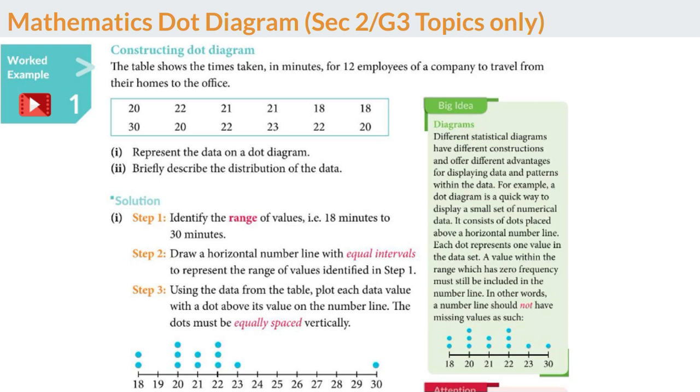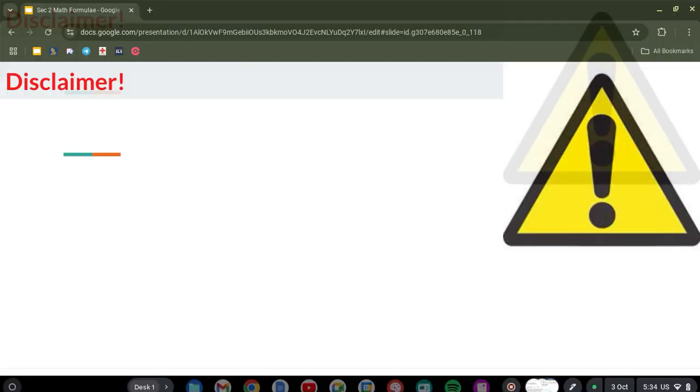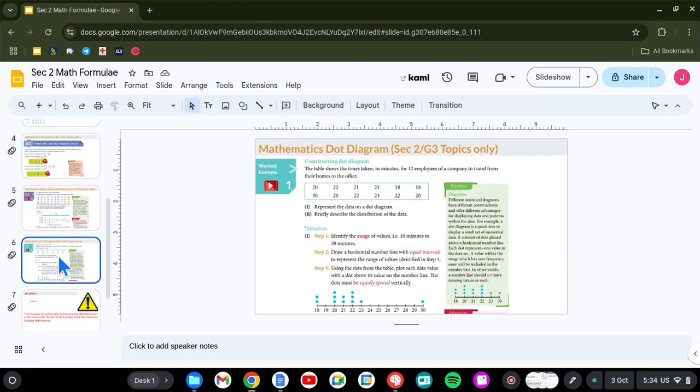Okay, the last one is about mean, median, and mode. Mean, median, mode is this.